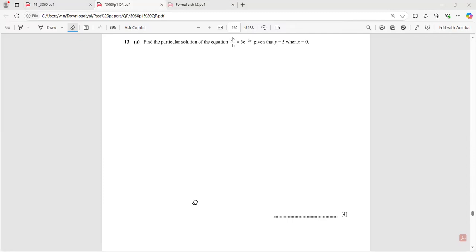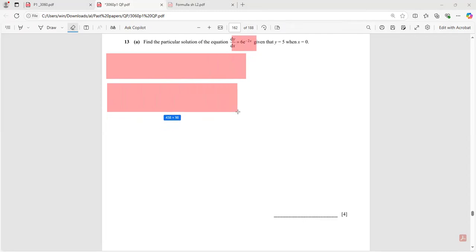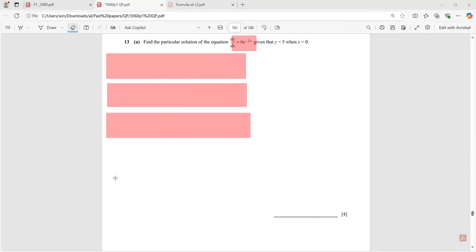Okay, in this question he asked for a particular solution for the equation, the derivative of y is 6e to the power -2x, at the point y equals 5 and x equals 0. So what we do, we're going to integrate it so we can get a solution.